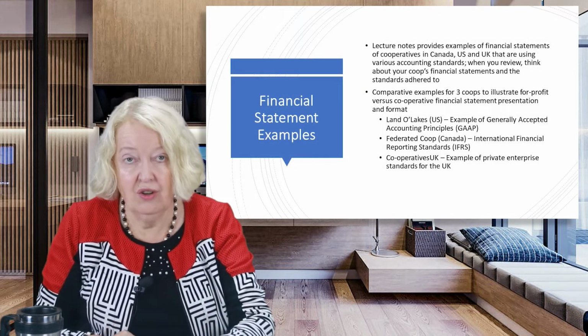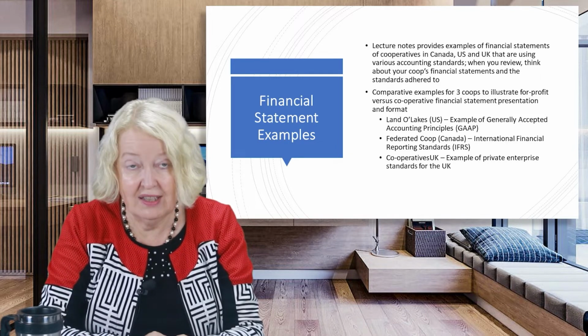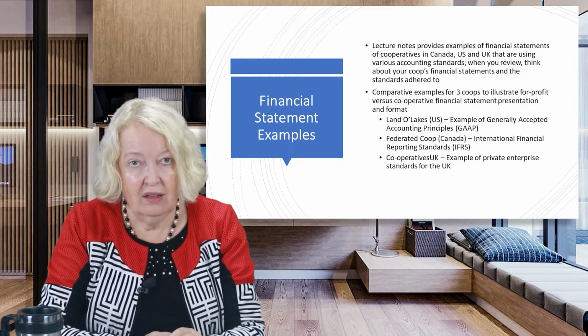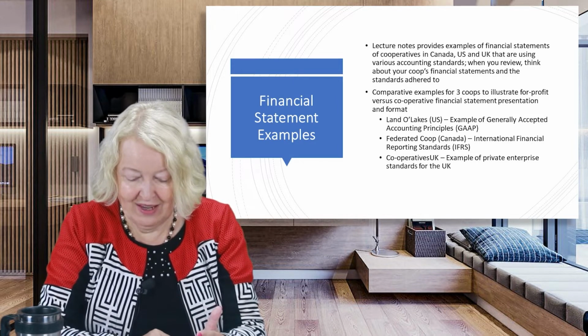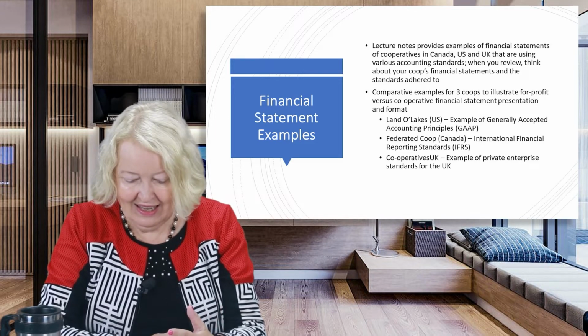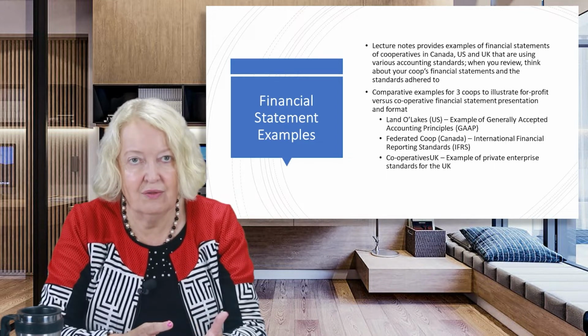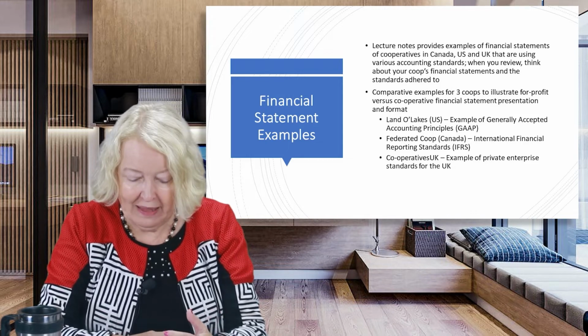So the lecture notes provide examples of financial statements of cooperatives in Canada, the US, and the UK. And also I've picked examples that use various types of accounting standards. I've included Land O'Lakes, and they're US, of course, and they're using generally accepted accounting principles, GAAP.